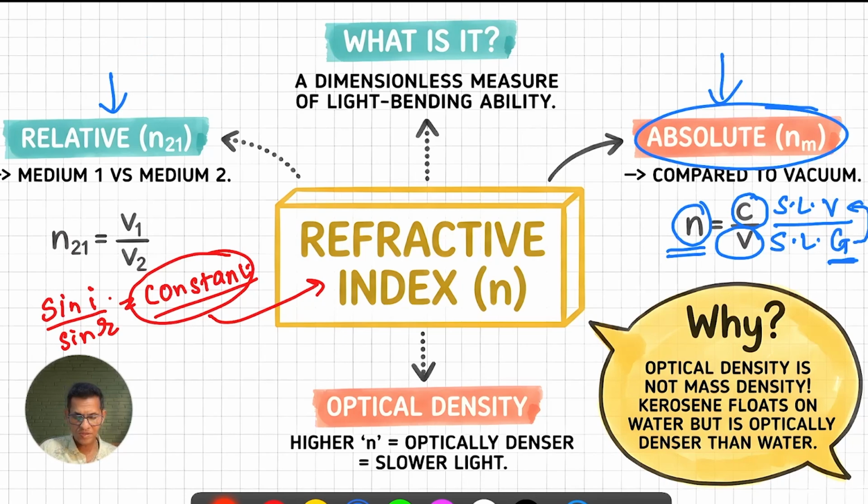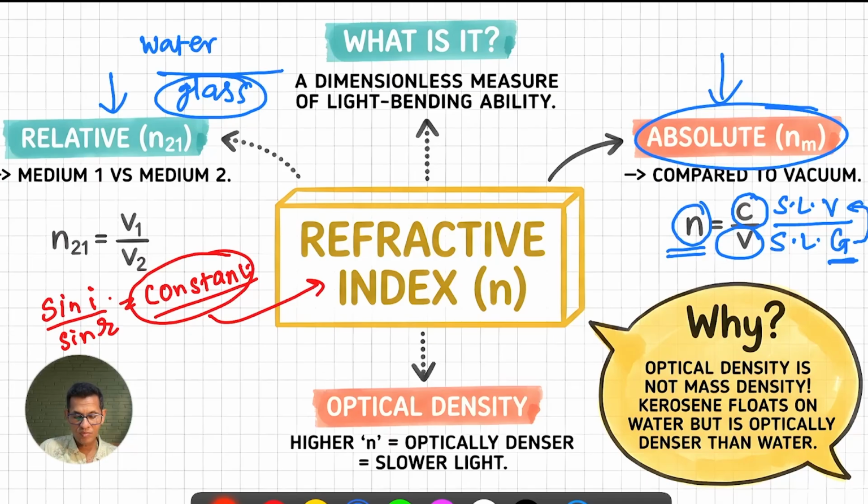Now let's change the example a bit. Let's say the light ray is passing from water to glass. Here you can note there is no vacuum or air, there is water and glass. So again I want to find the refractive index of glass.